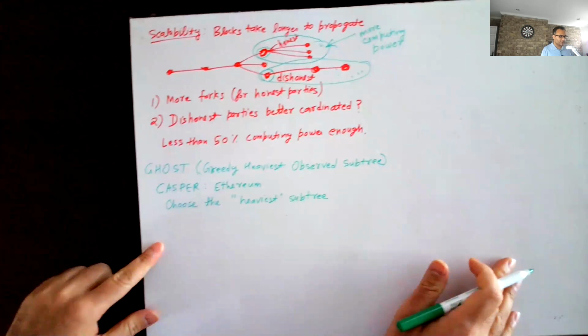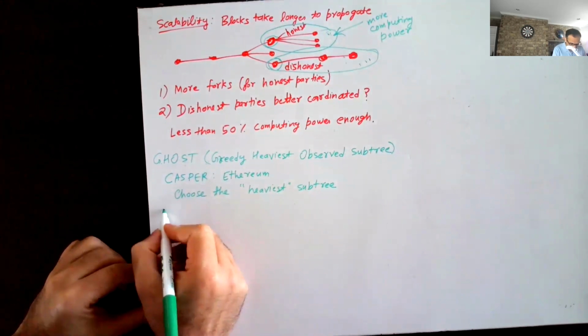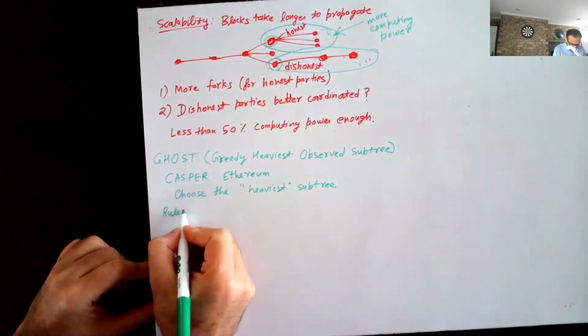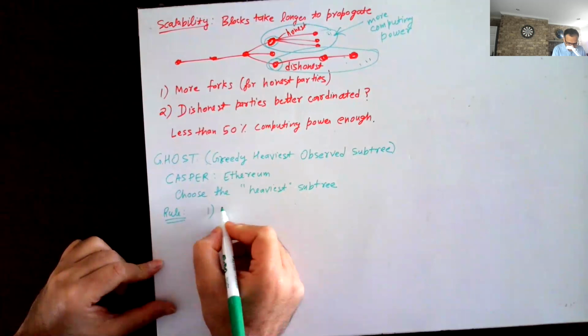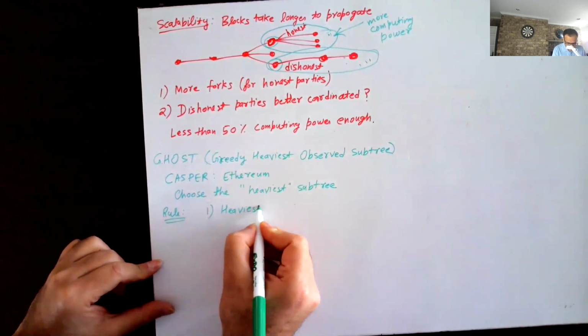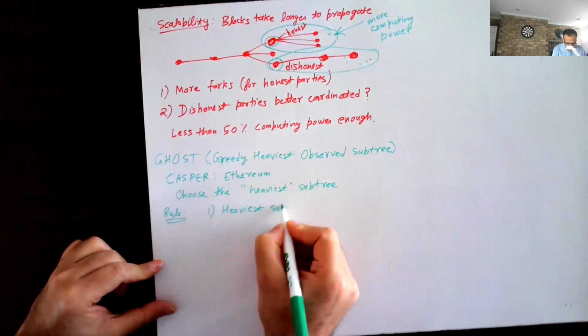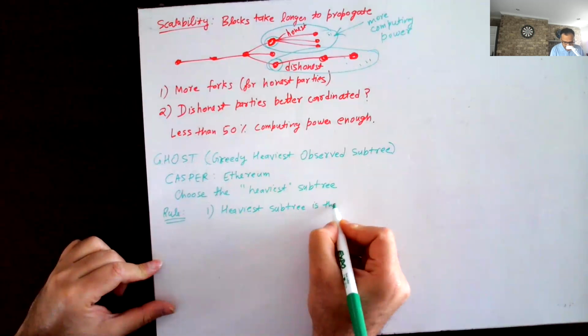Okay, so the rule of thumb is something like the following. The first rule is the heaviest subtree is the right one.